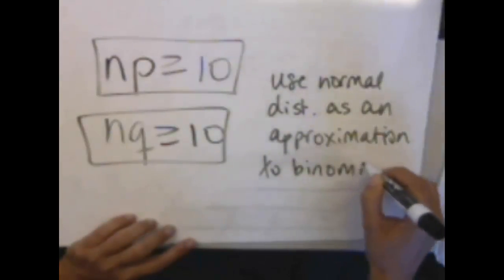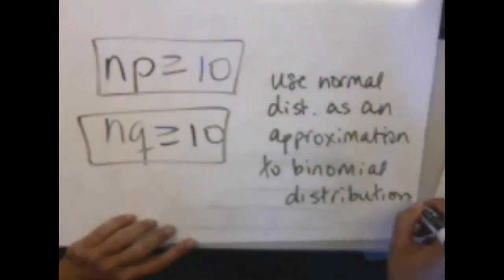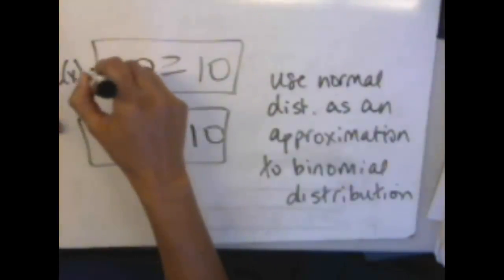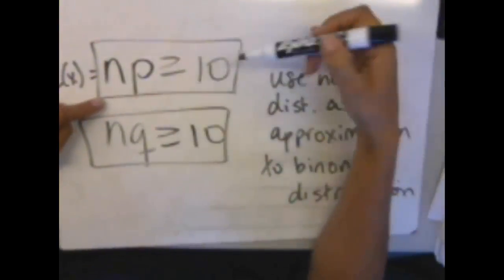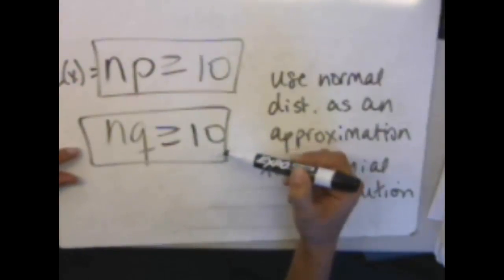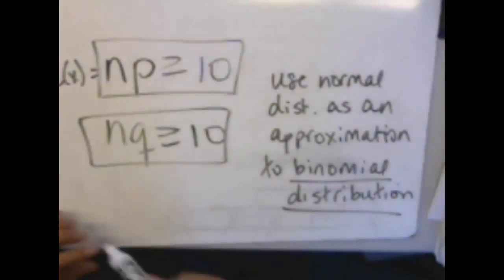Another way to say this is that if your expected number of successes, remember this is just your mean, is greater than or equal to 10 and your expected number of failures is greater than or equal to 10, then you can approximate binomial using normal.